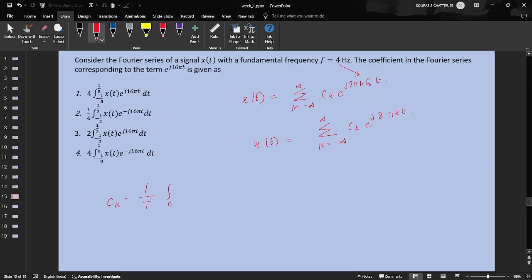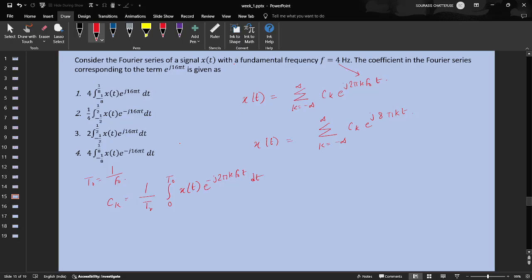You need to integrate the product of the signal with the complex conjugate of the complex sinusoid you want to compute the coefficient for, e to the power minus j 2 pi k f naught t dt, and you need to integrate over any t naught sized interval, where t naught is 1 over f naught.